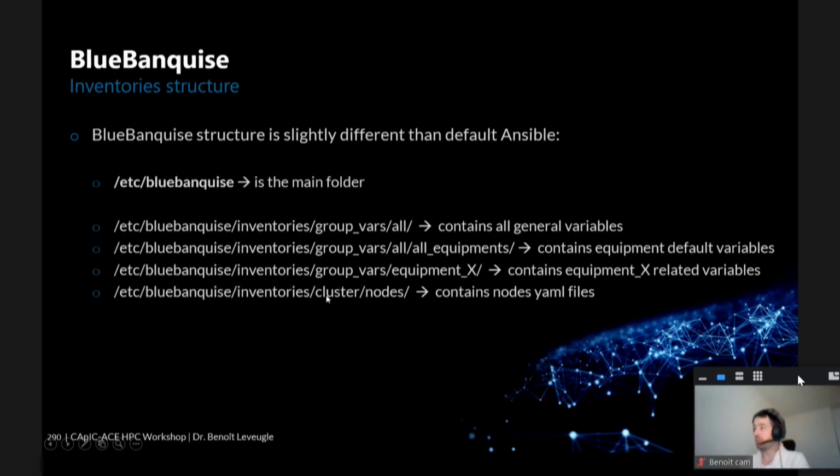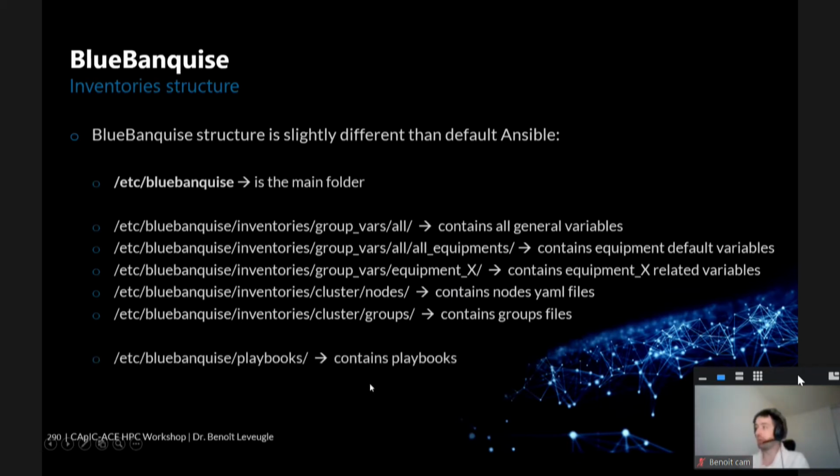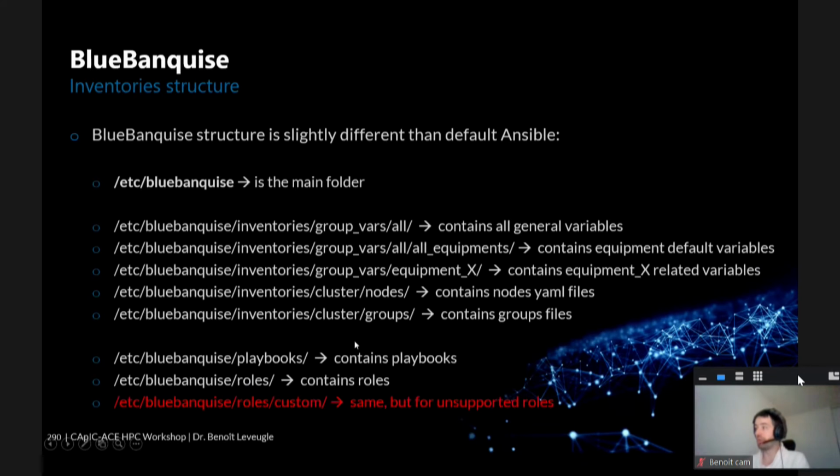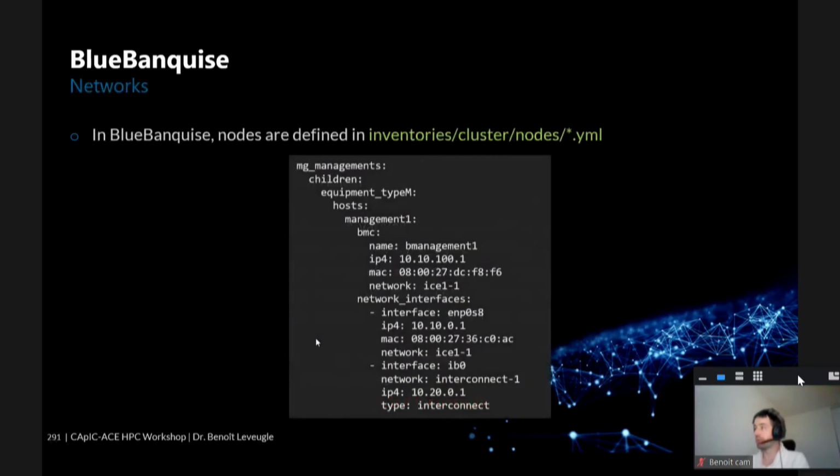In the inventory cluster nodes, you will put your nodes, your equipment in the groups; in cluster groups, you're going to put your groups, everything rotates around groups. The playbooks are in /etc/bluebanquise/playbooks, and /etc/bluebanquise/roles contains the roles. And if you want to add more roles, you can put a custom one in roles/custom. So it allows you to bring more roles if you want.